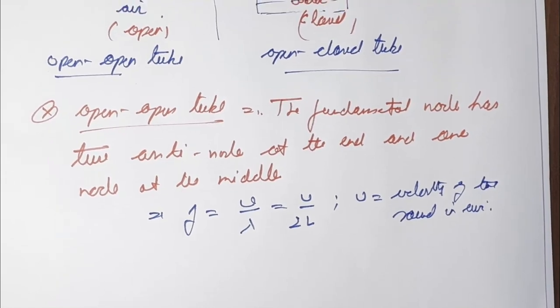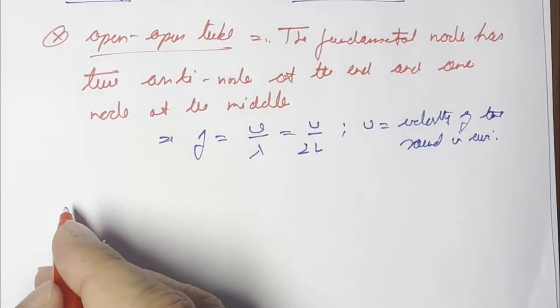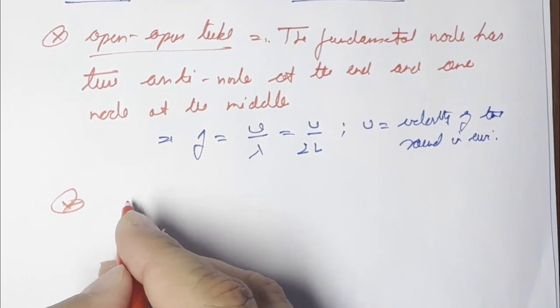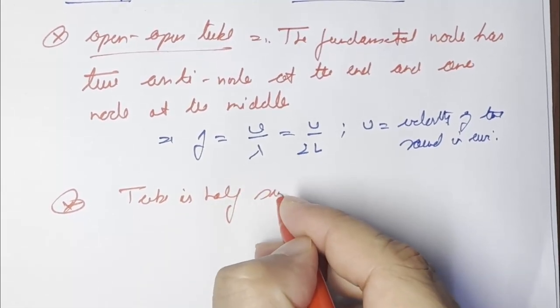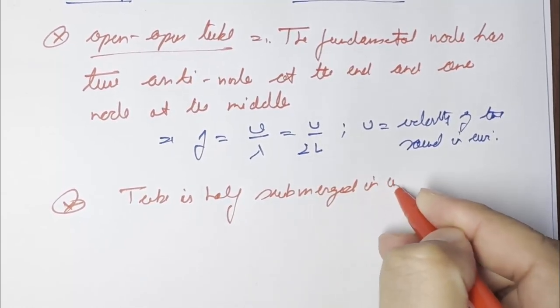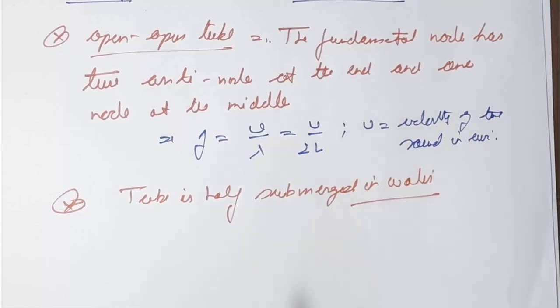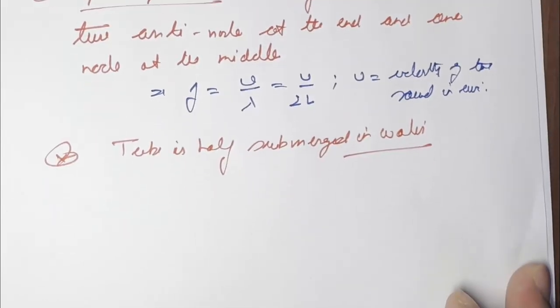Now, as soon as the tube is dipped in the liquid, the tube is half submerged in water. Like I said, it is dipped vertically in the water, half of its length is submerged. So only the top half is in contact with the air and the bottom half is submerged in water, which is going to act as our closed part.